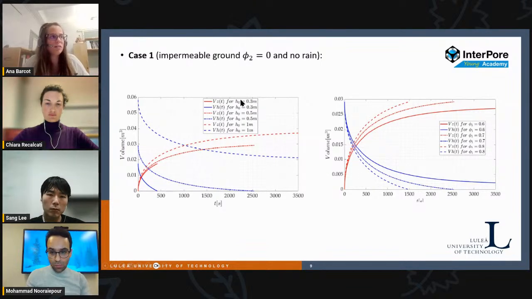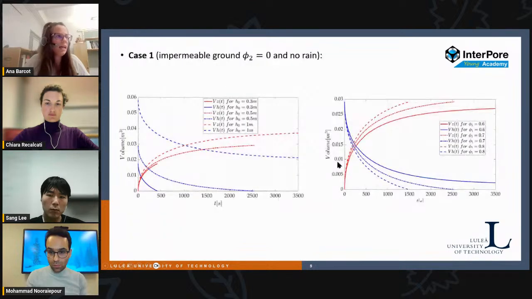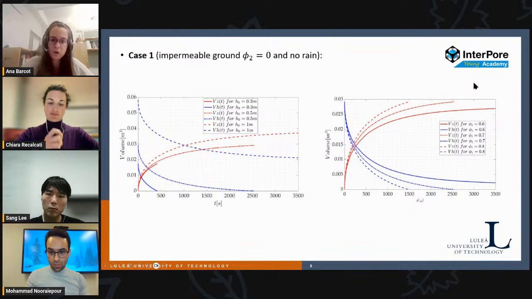If the initial pond depth critical value is surpassed, which in this particular case is 0.5379, and for example, if we take 1 meter, which is this blue dashed line, you can see that the water will never be absorbed; the model will not be able to fully take the surrounding water. Whereas for lower than critical values, it is able to absorb. And similarly, the similar analysis is performed for the porosity values.